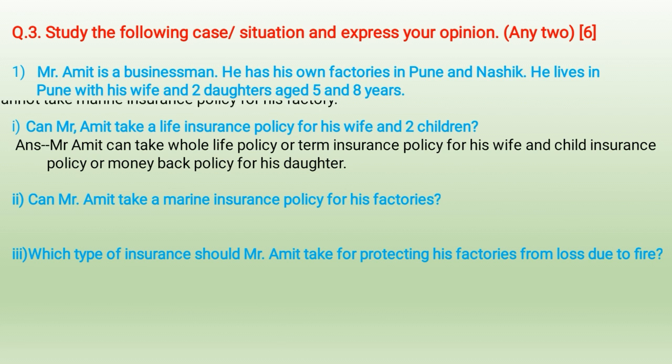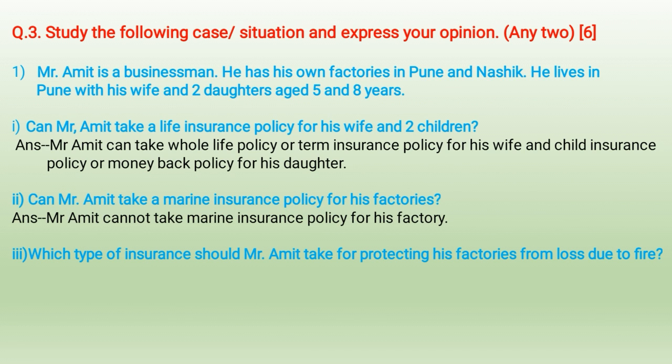The answer is, Mr. Amit can't take marine insurance policy for his factory. I think you are getting the point what is marine insurance. The third question is, which type of insurance should Mr. Amit take for protecting his factories from loss due to fire?